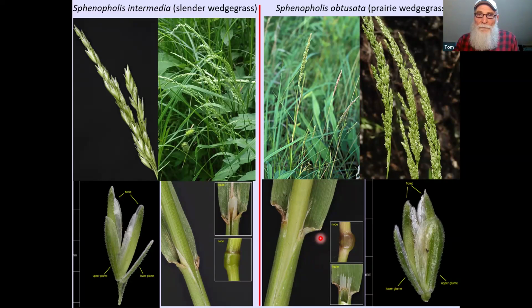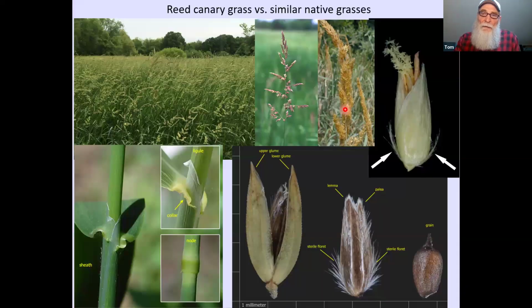You might say that you could maybe mistake these for reed canary grass. I think they look more like June grass. Basically, the secondary inflorescences here remind me a lot of June grass. If you recall again, the secondary inflorescences of reed canary grass, especially this form right here, which is the one that resembles the wedge grass.